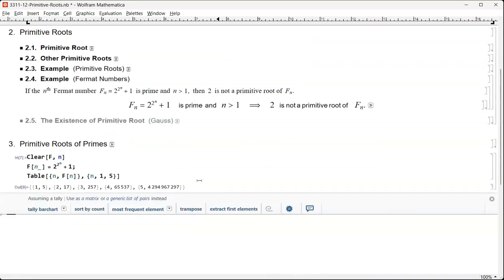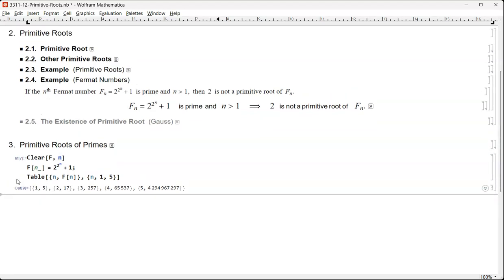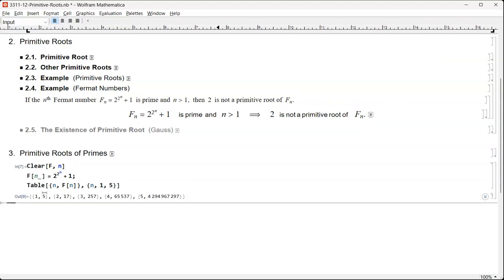So we calculated the first 5 Fermat numbers through Mathematica. When n is 1, we get 5, that's a prime number. N is 2, then 17, it's a prime number. N is 3, then 257, that is also prime.